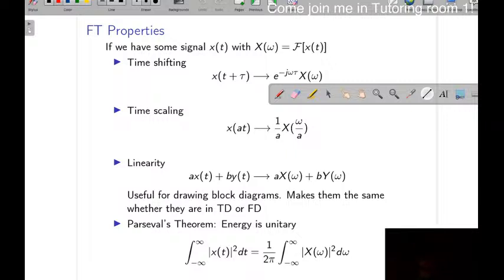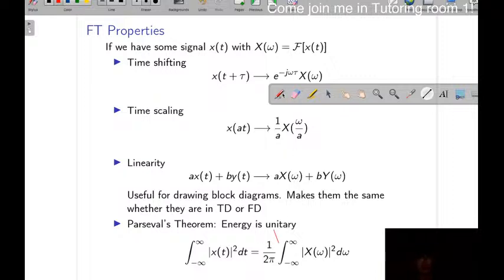If I take $10 and I go across the border to Canada or something, it's still going to be worth $10 in USD, but it's going to have a different representation in terms of Canadian dollars. But we can always get back and forth between the time domain and the frequency domain. They will have the same amount of energy, effectively, up to this multiple of 1 over 2 pi.